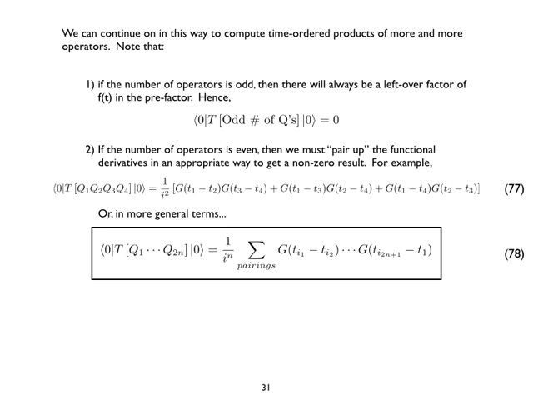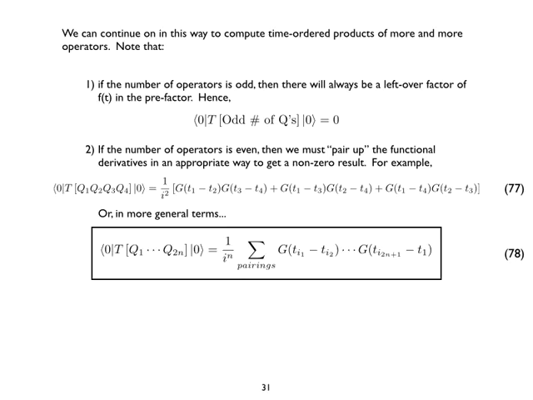Okay, so that tells us that the only thing that's left is even numbers of operators, right? And so, for example, if you go through and you calculate the time-ordered product of 4 operators, you get 3 terms, and you find out that it goes by the sum over the pairings.